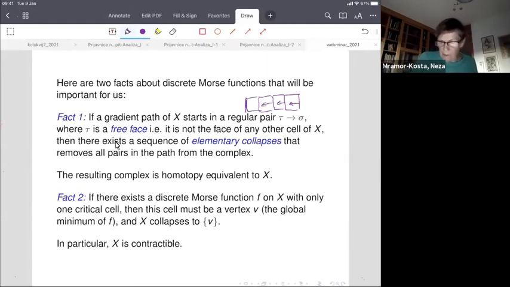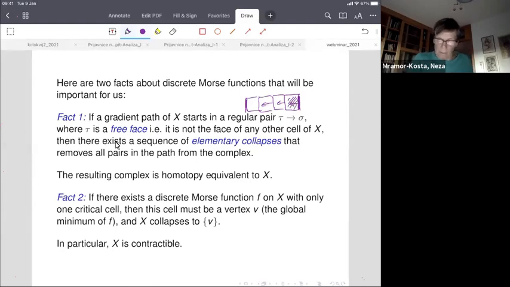But if you have this situation, and this edge where the path starts is a free face, so it's not the face of any other cell in our complex, then we can start a sequence of elementary collapses. We can just eliminate this pair, the edge and the two cell, from the complex.